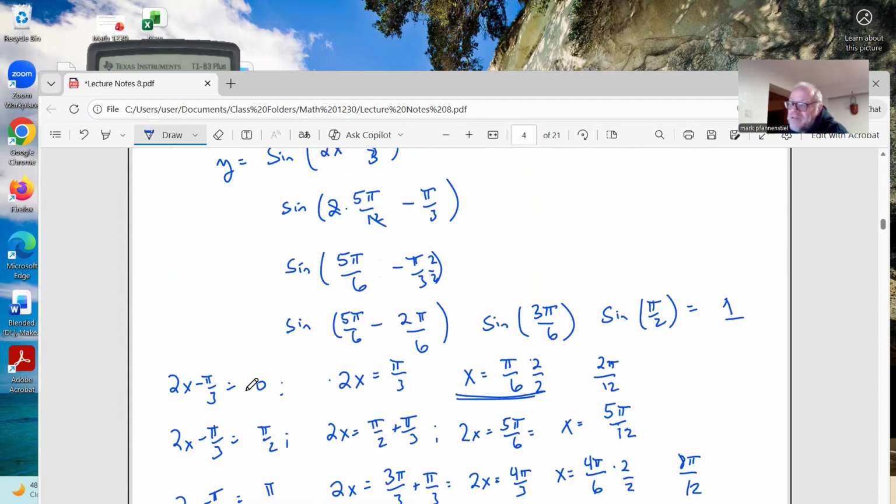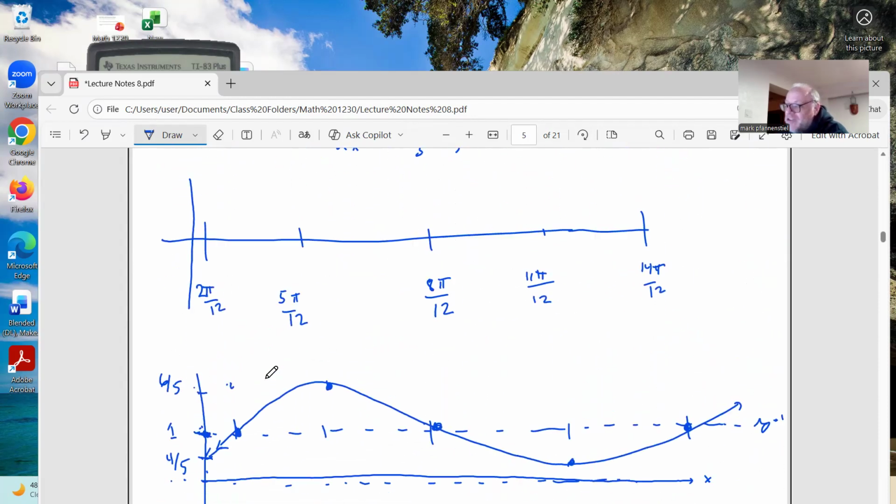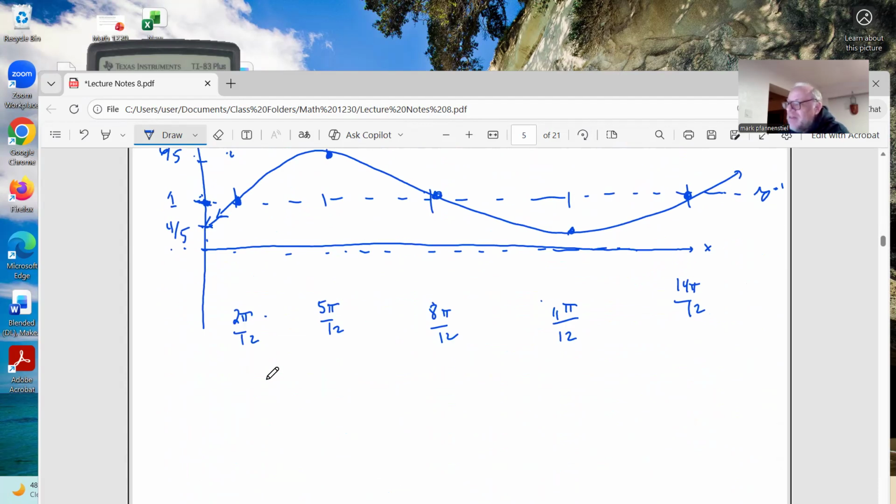Functions that have all of these different elements in them, they're also going to ask you, hey, what's the wavelength? Well, I know that the end point is 14 pi over 12, and the beginning point is 2 pi over 12. Let's subtract 14 minus 2. That's going to give me 12 pi over 12, which is just pi.